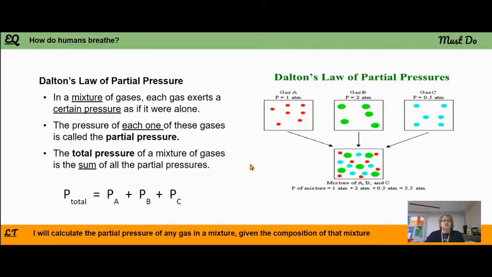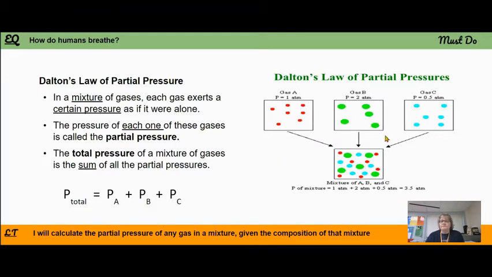Okay, so when we're talking about partial pressure, what we're talking about is the mixture of gases, right? So for instance, in this box, there's the red gas, in this box, there's the green gas, and in this box, there's the blue gas.